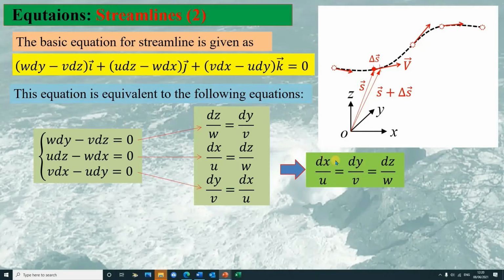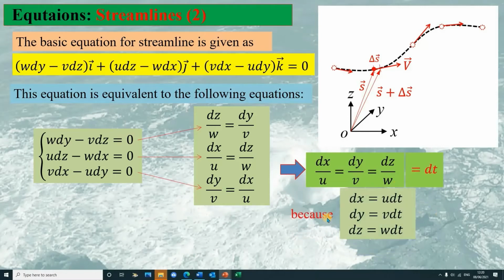So the increment on different axes divided by the corresponding velocity would be the same. This actually is the constant dt, since we can obtain this from the increments: dx calculated by u dt, dy calculated as v times dt, and dz as w times dt.